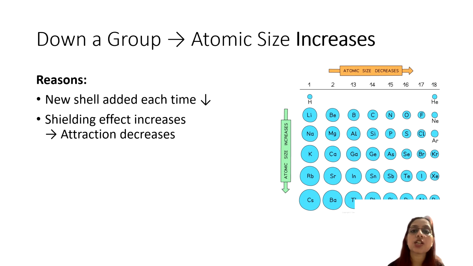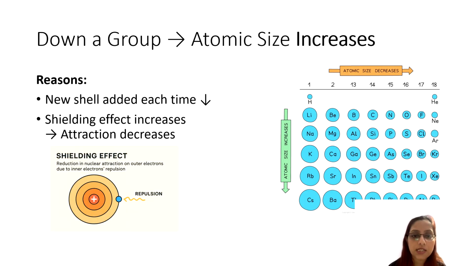Second reason is the shielding effect. Now what does shielding effect mean? Shielding effect means that the innermost electrons will shield the outermost electrons from the nuclear forces. That means if outermost electrons are placed further away from the nucleus, the innermost electrons will give a shielding effect so that the outermost electron is loosely held.